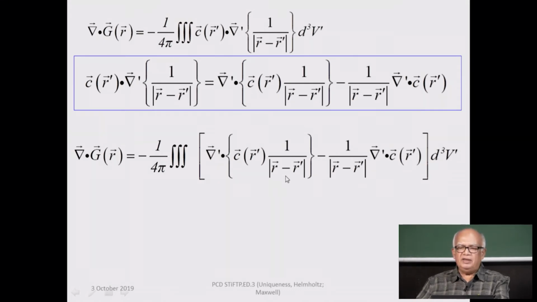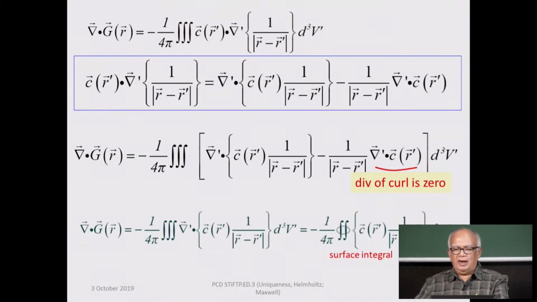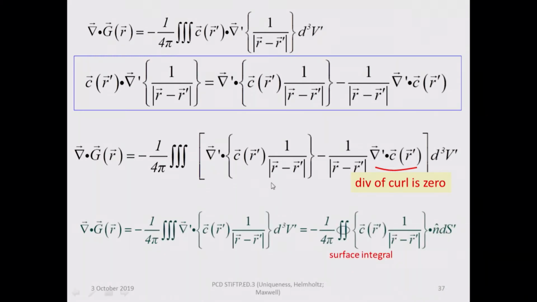Now that you have it in the integration, you now have the derivative with respect to the primed variable, and this C is also with respect to the primed variable. So, now you can set it equal to 0. Okay? Now there is no problem, and you can write, this is the volume integral of the divergence.